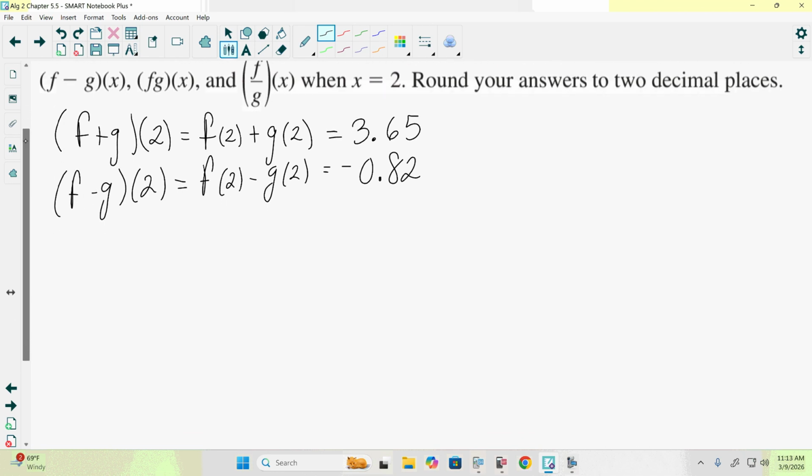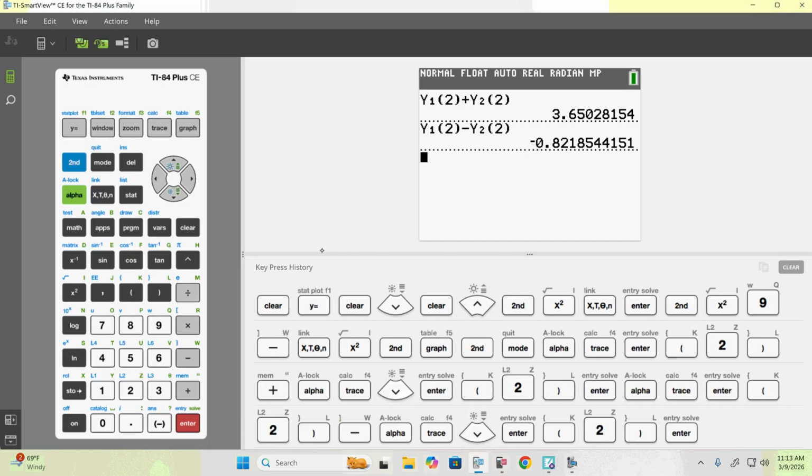Now it also wanted it for f times g of x, or f times g of 2. So we'd have f of 2 times g of 2. And again, we can go alpha trace y1 parentheses 2 close parentheses times alpha y2 and type the whole thing in. Now if you use the arrow keys and go up and highlight it and hit enter, it'll bring it back down.